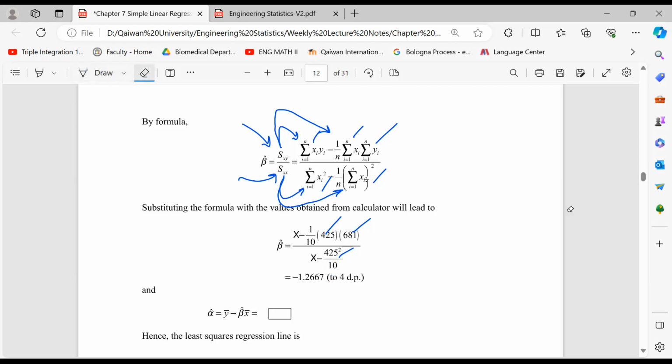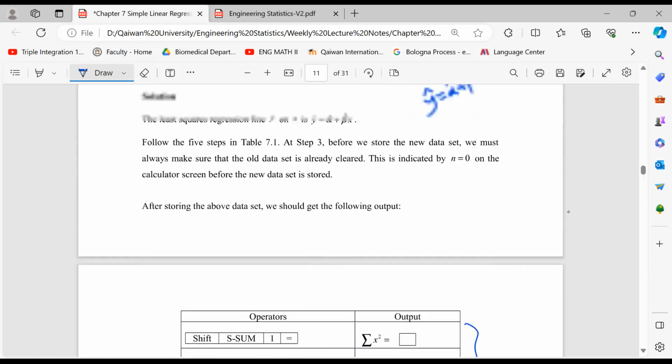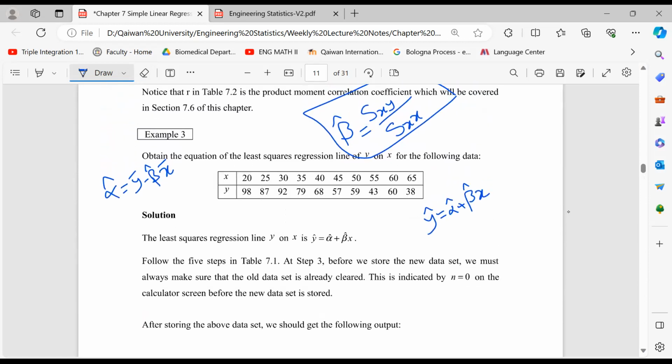And for the sum of xiyi, we multiply each corresponding x value and y value, these two, these two, and so on up to here. Then we find the sum of all the multiplications of x and y, and that will be the sum of xi yi.